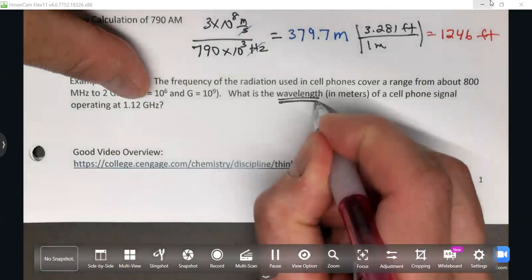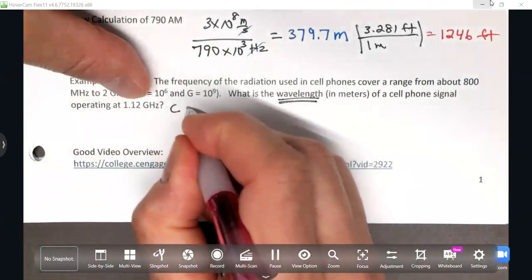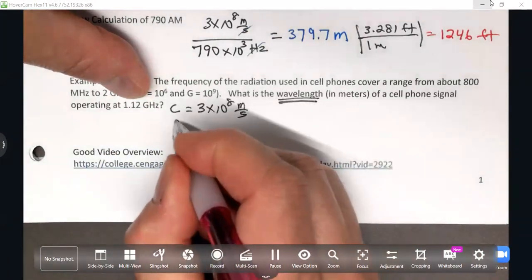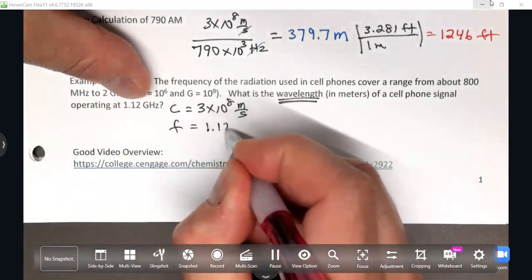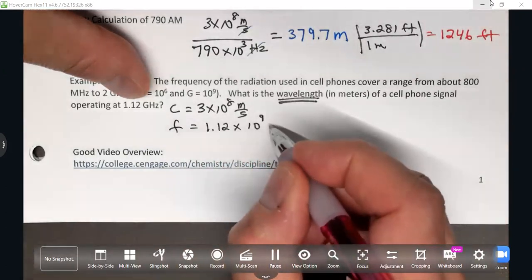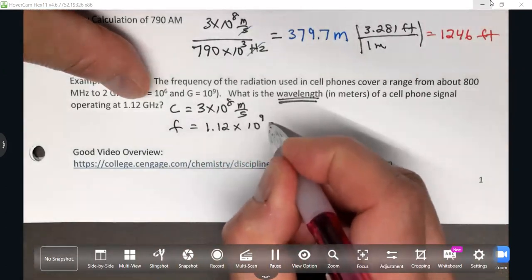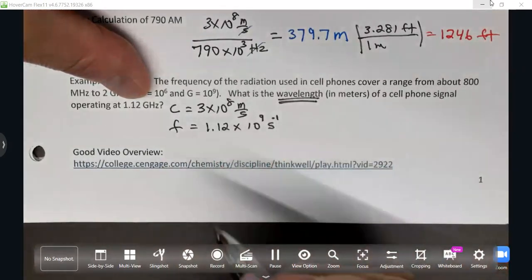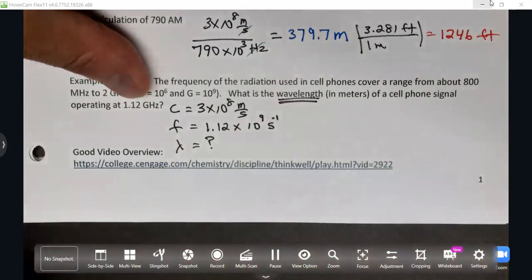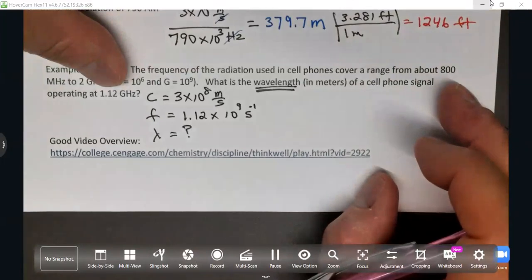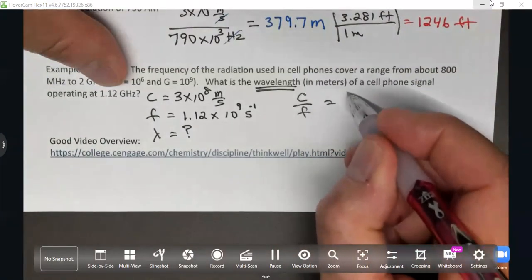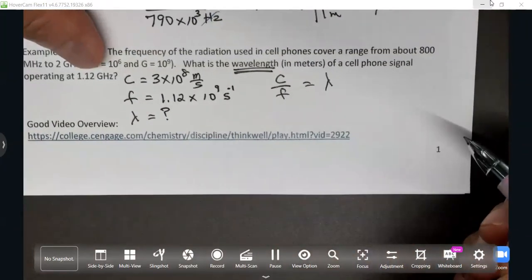So here's what we know. The speed of light is 3 times 10 to the 8 meters per second. My frequency is 1.12 times 10 to the 9th hertz, or 1 over seconds, or seconds to the -1. My speed divided by my frequency again is wavelength, and I should be able to plug this in.